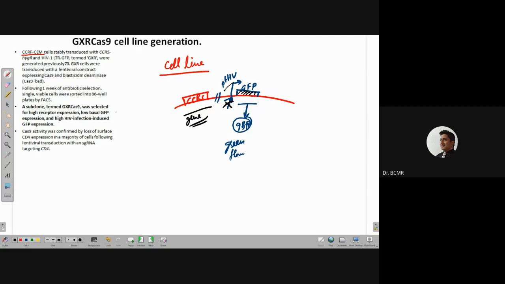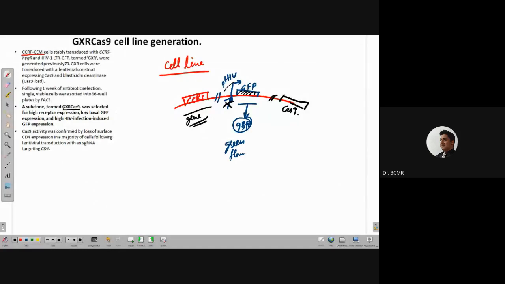They have been doing multiple things, and then they chose one that they named GXR Cas9. Yes, I forgot to mention that there is also a Cas9 gene here.